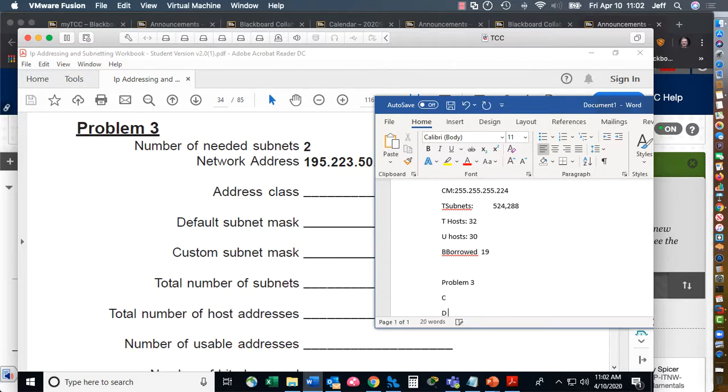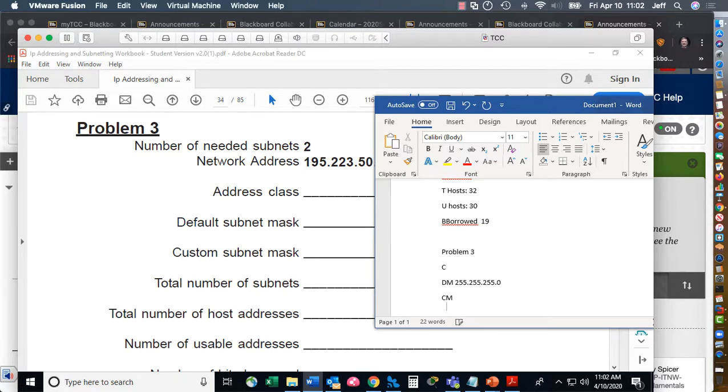Default mask is 255.255.255.0. Custom mask we can't get right now, but what we do need is 2 subnets, right? So the number of subnets needed is 2.